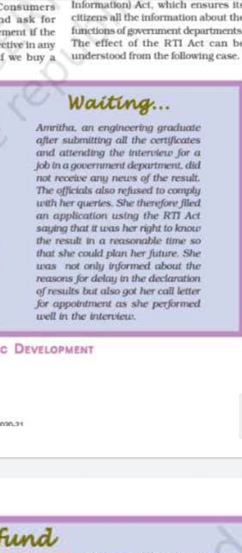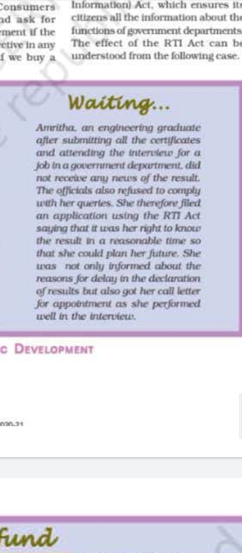So what happened was that there was an engineering student, a graduate. The issue was that she submitted her certificates and attended the proper interview for a job in a government department. But she did not receive any result, whether she is being recruited or not.